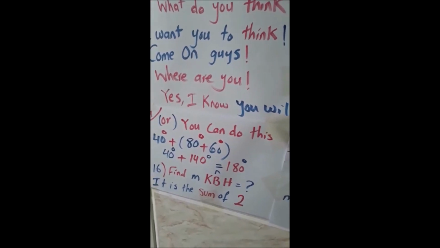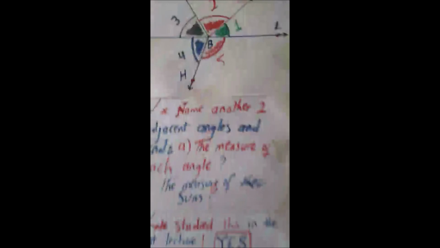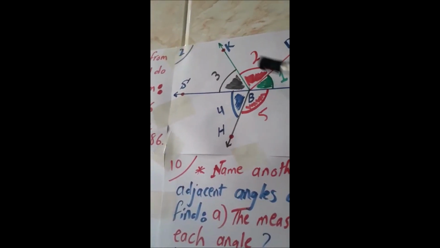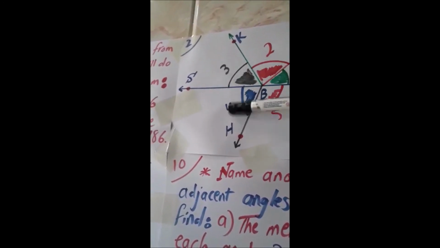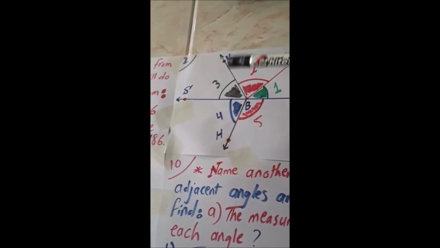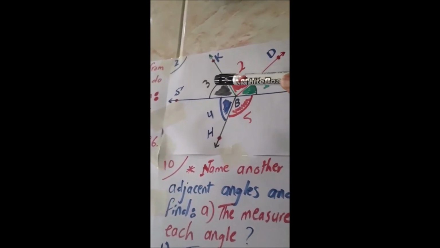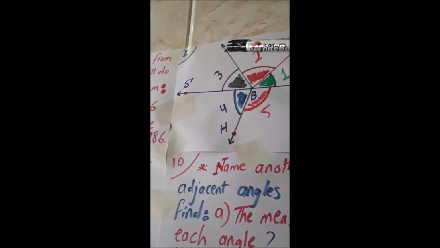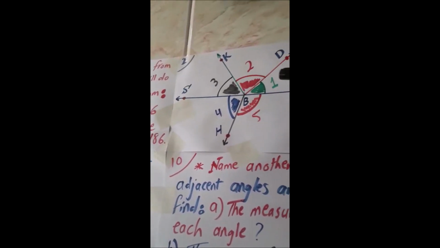Number 16 is asking, find the measure of angle KBH. Where is KBH? I think it's the sum of these two angles. So guys, we want to find the measure of the angle KBH, which is the sum of angle 3 and angle 4. That means the measure of angle KBS plus the measure of angle SBH.